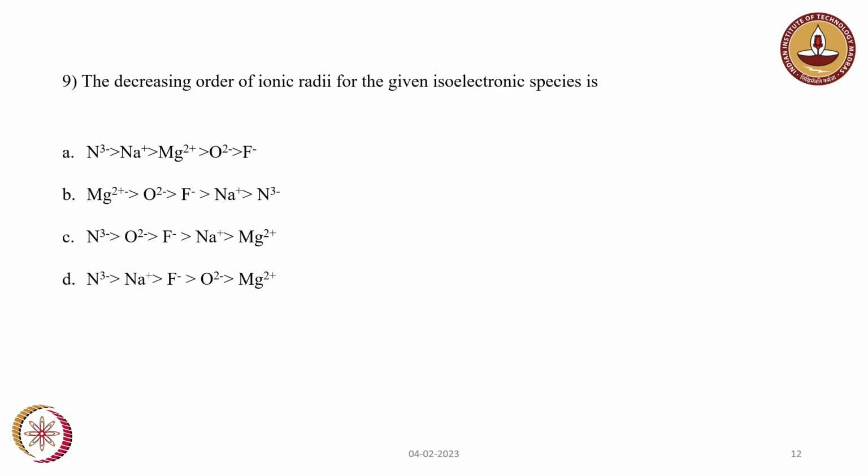So the question is the decreasing order of ionic radii for the given isoelectronic species. The options are given as N3 minus, Na plus, Mg2 plus, O2 minus and F minus. So 5 species are given, and they are isoelectronic.